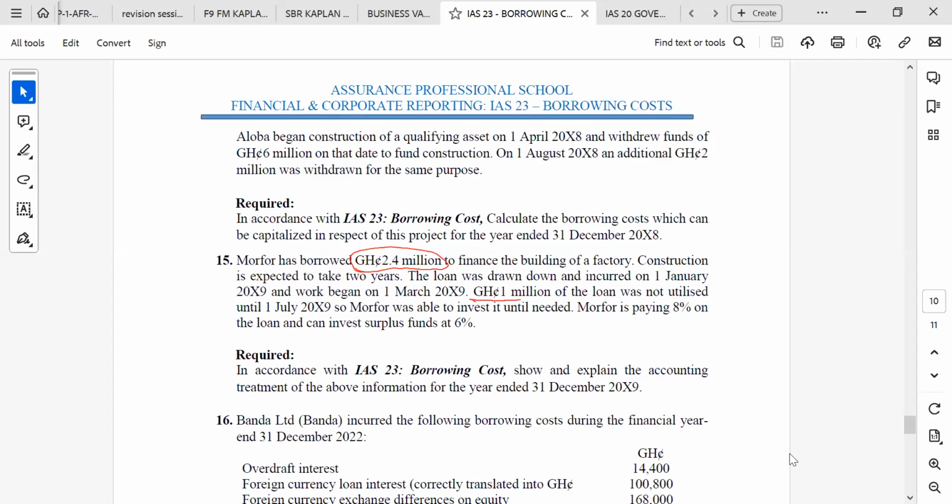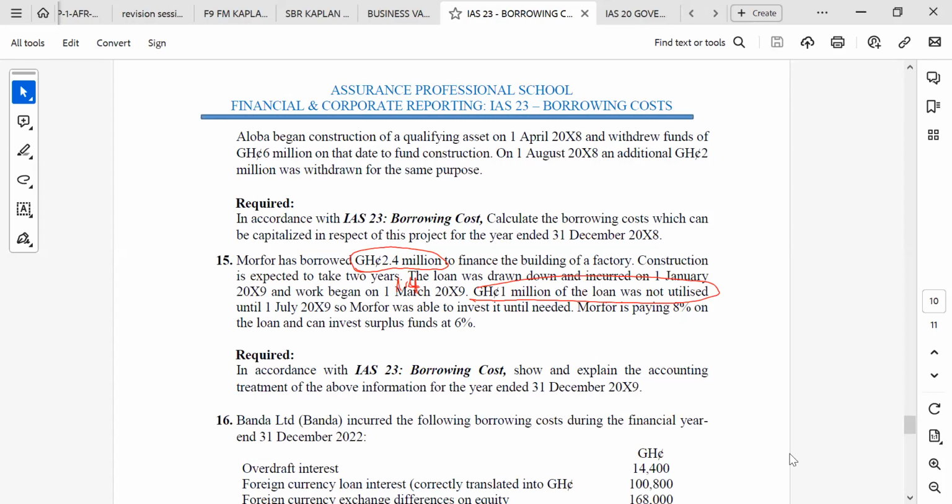So it means that on 1st March, they used only 1.4 on the contract. 1.4 was used, and the remaining one was used on 1st July. So maybe during the year, they have used all the 2.4, but it was not used at once. It has been used in bits.